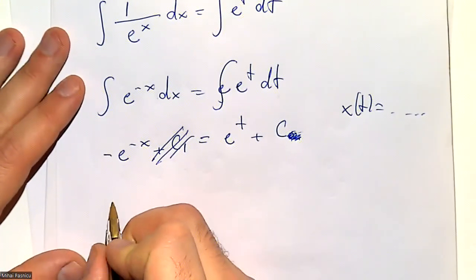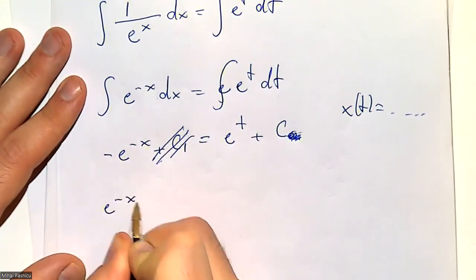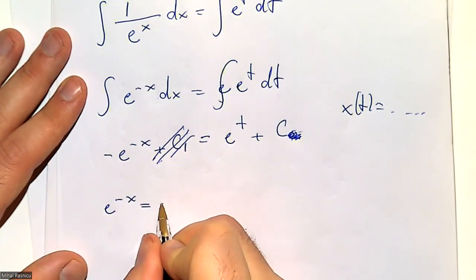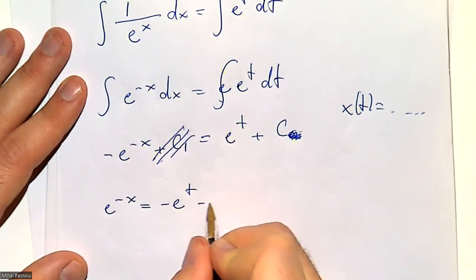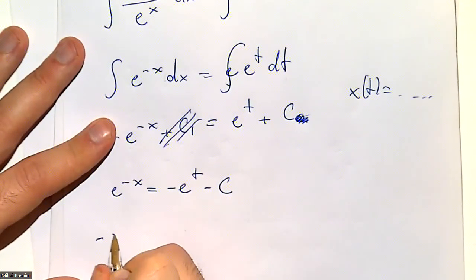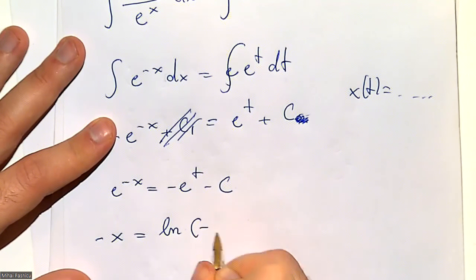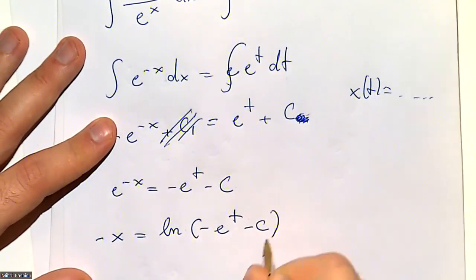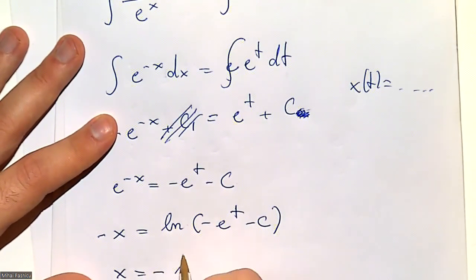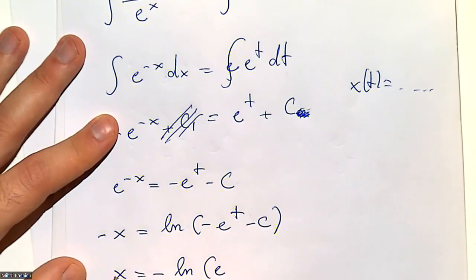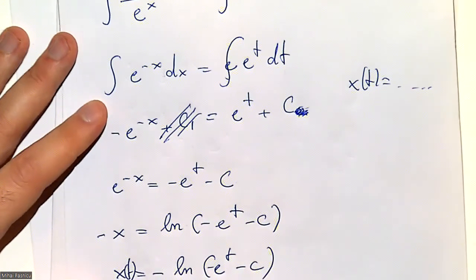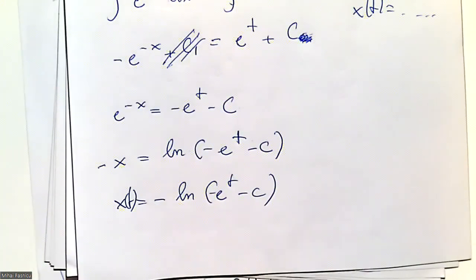I get e to the minus x is equal to minus e to the power of t minus a constant. Minus x is just equal to ln, I take the ln of everything here. So x of t is equal to minus ln of this thing minus a constant. And I'm done.